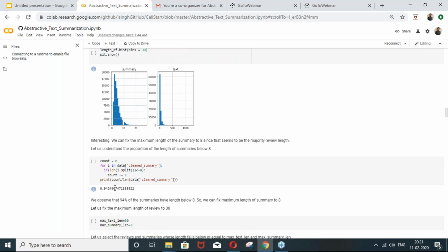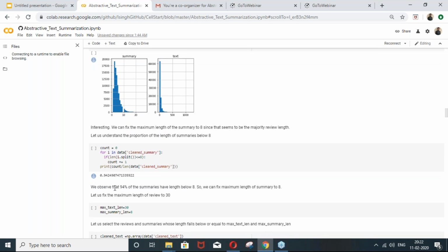So we can say that 94% of the summaries are below length 8, and we can fix the maximum length of the summary to 8. It's up to your wish, you could fix it to 10, but I fixed it at 8. And we can fix the review length to 30.